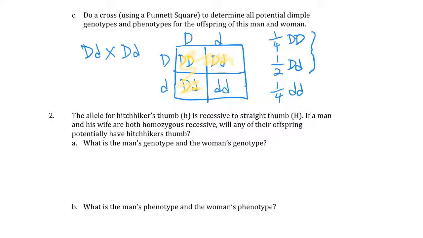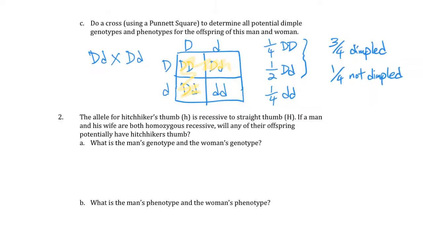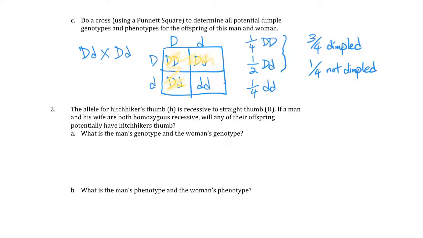So we can say that for the phenotype, 3/4 are dimpled, and the remaining 1/4 is not dimpled. All right, so these are called the genotypic and phenotypic ratios.